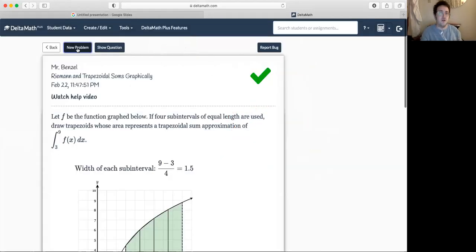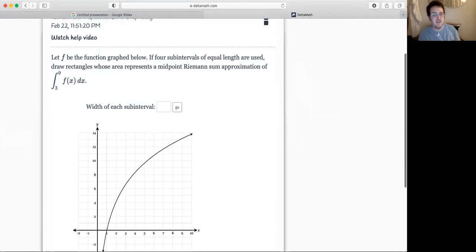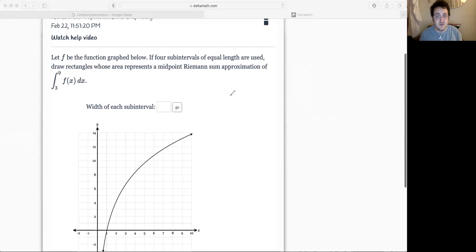And let's just do one more for charm. Let's do a midpoint Riemann sum. For this one, it says 4 intervals of equal length are used. Draw rectangles whose area represents a midpoint Riemann sum.